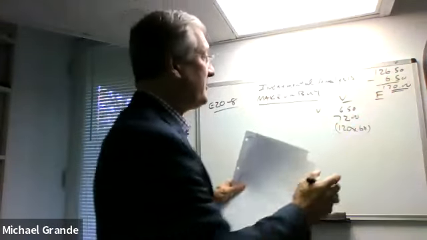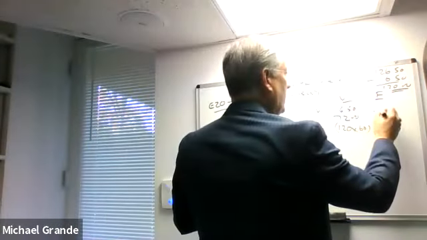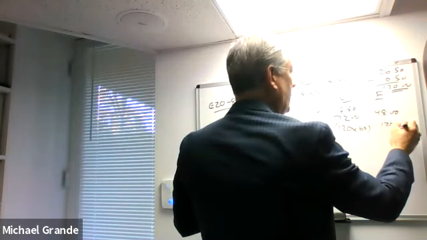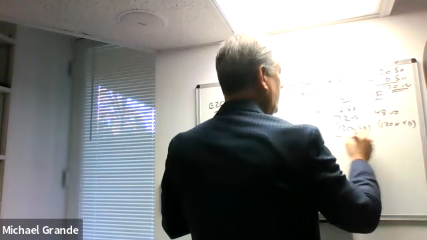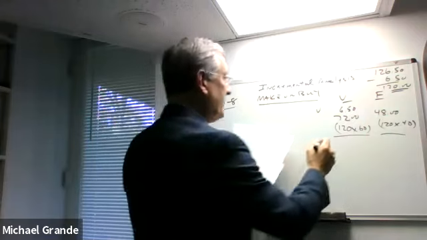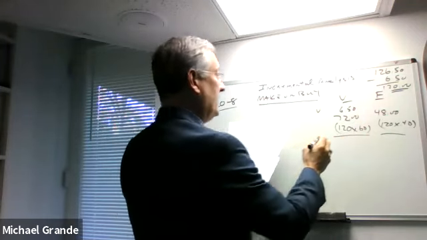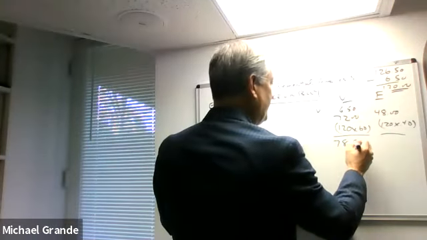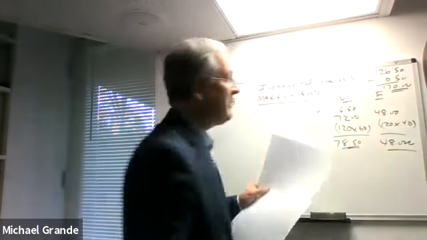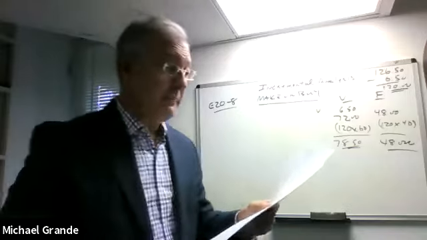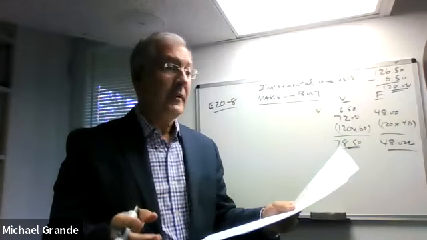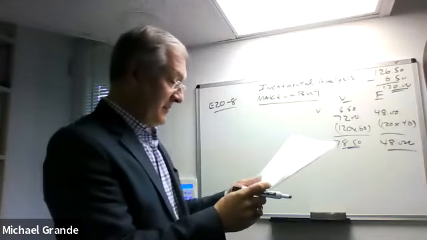And 40% is $48, so that's 120 times 0.40, right? So total variable and fixed, this is going to be $78.50, and this is going to be $48. The two of them added together is $126.50. So now you know what portion is variable and what portion is fixed.